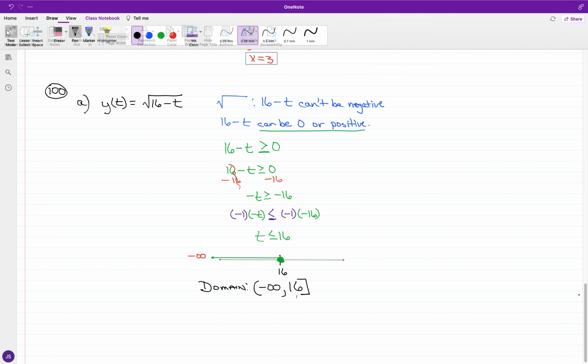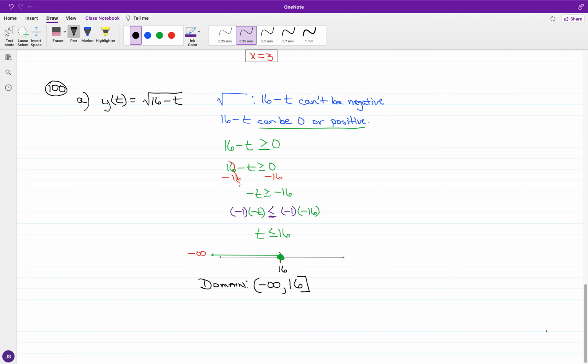And for what we have in part B, just shifting this over and swapping the order of the 16 and the t, now we have a function w of t is equal to the square root, not of 16 minus t, but t minus 16. And a lot of history repeating. Again, we have an even root radical function.